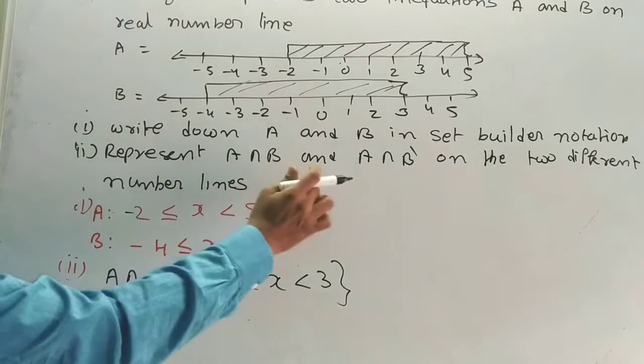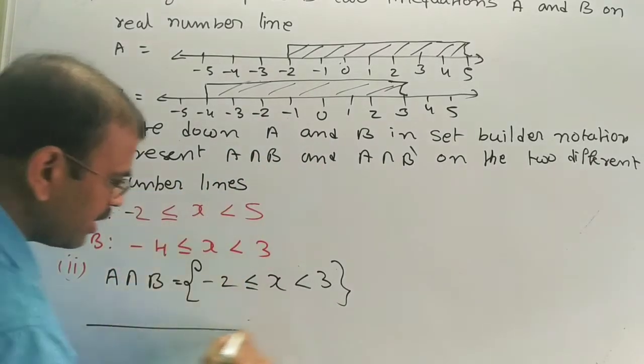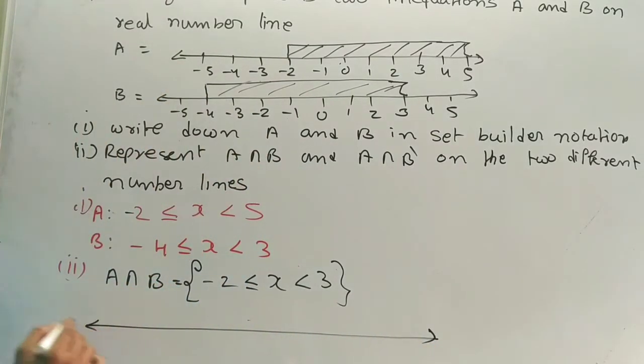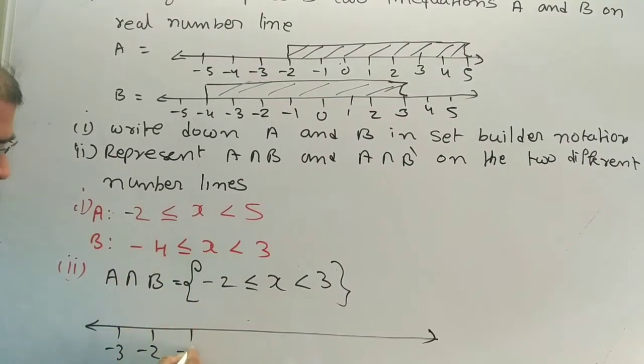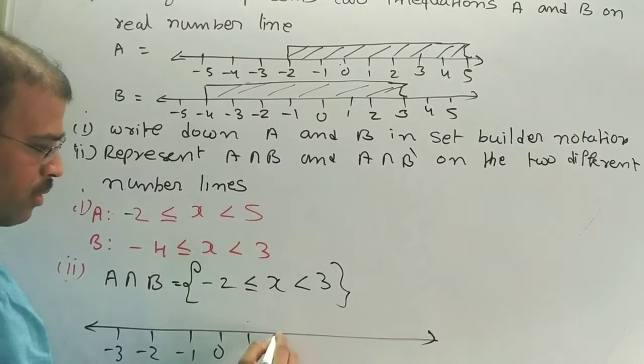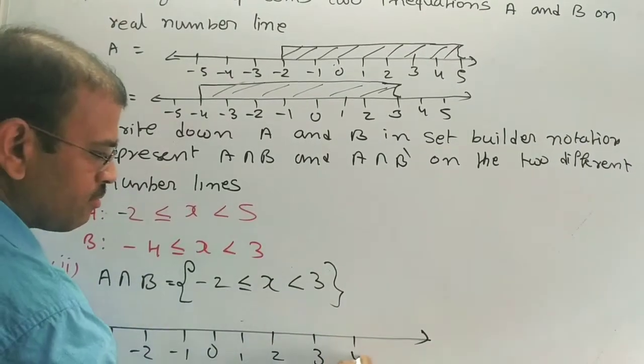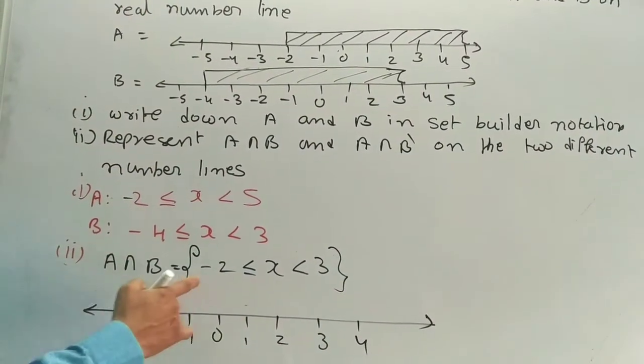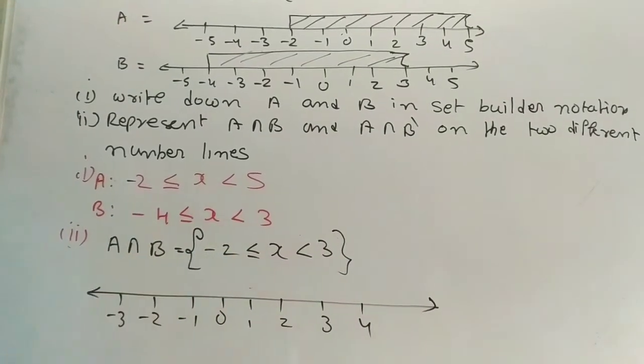Now this solution we have to represent on the number line. Now write it on the number line. What are you going to write? Minus 3, minus 2, minus 1, 0, 1, 2, 3, 4. Now minus 2 is there. Now look at our question.